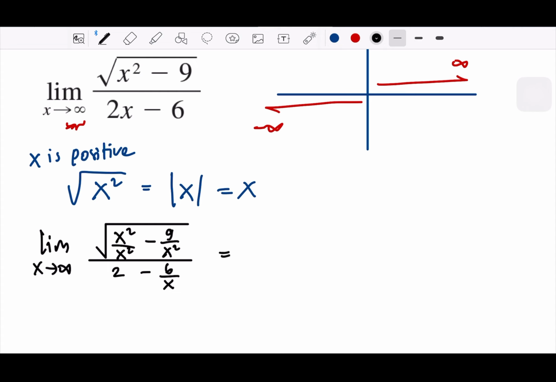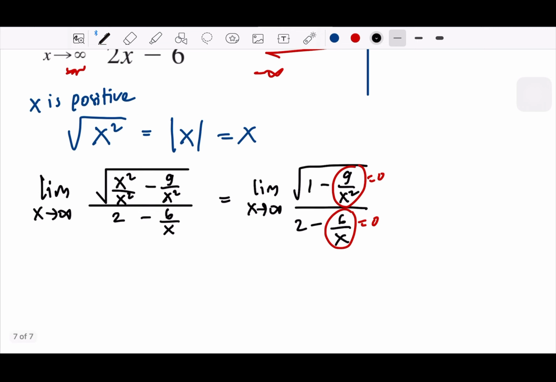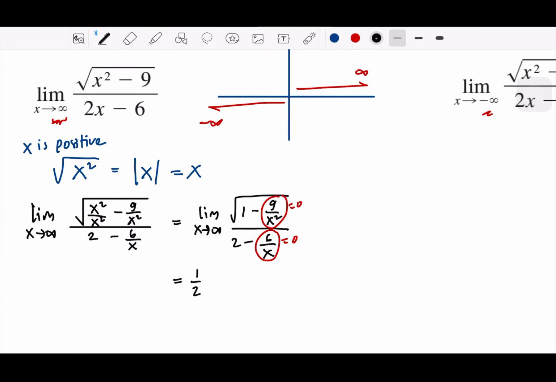So this will be 0, right? And this will be half. Okay, nothing too complicated here.